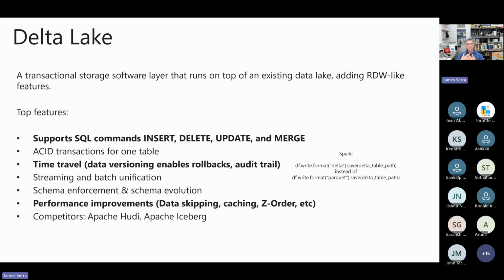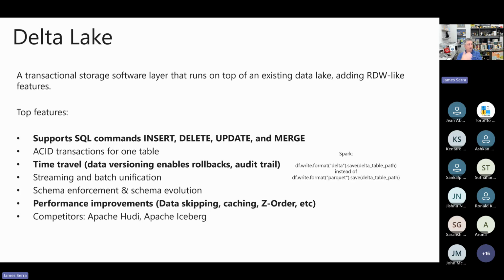The Delta Lake, through that software layer, gave the data lake some features that didn't exist, such as SQL commands. If you had a regular data lake, it didn't know anything about what SQL was, so it made it harder to transact with that. You had to go into Spark and load the table, and that was complicated.